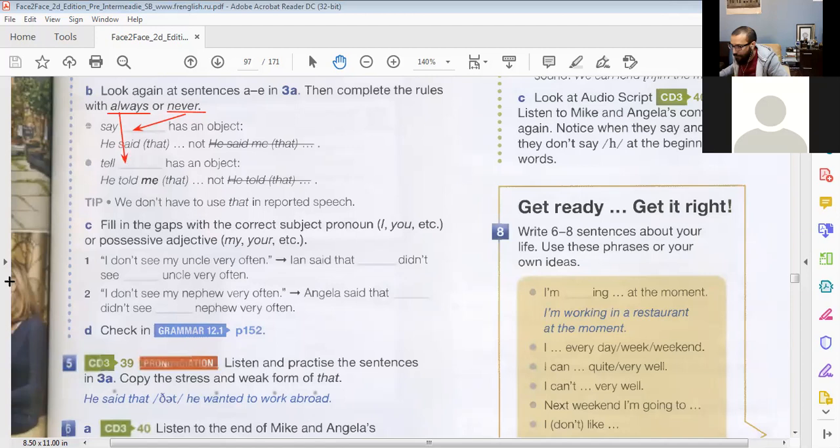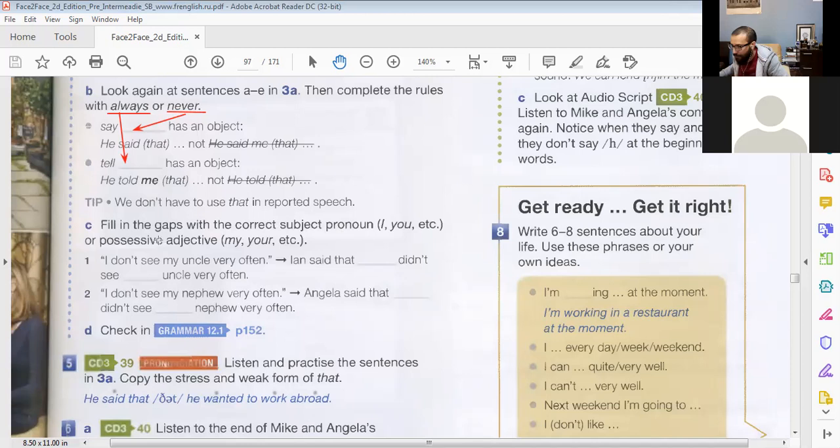So if you want to use tell, you need to use an object. And these are your two verbs that you report with. Some of you had the reporting verbs say and tell. There's another group, but these are some of them. Okay? So this is another thing that's important and you need to keep in mind.